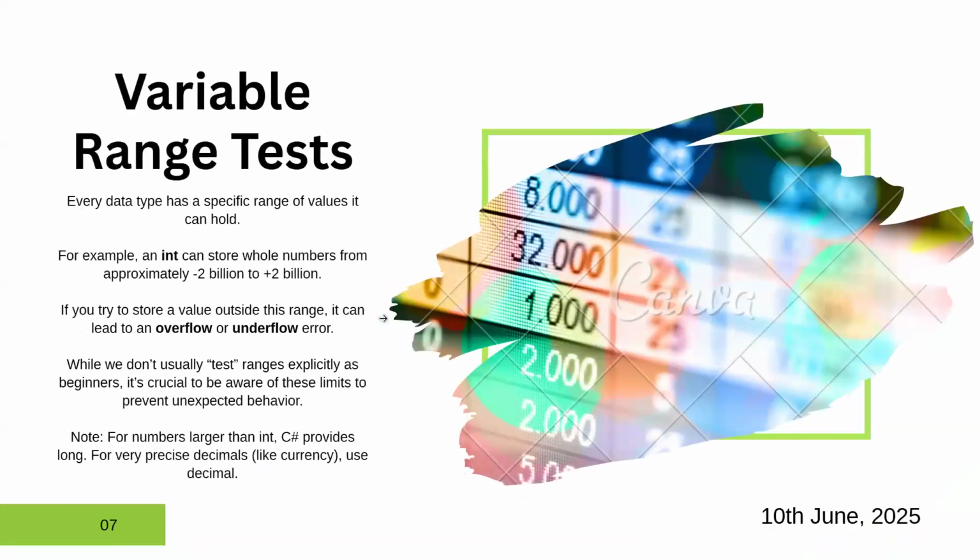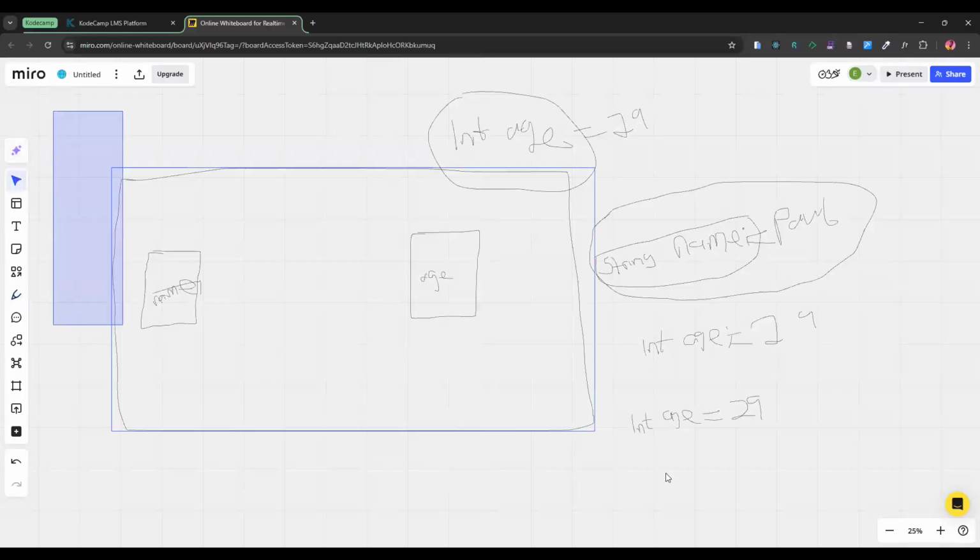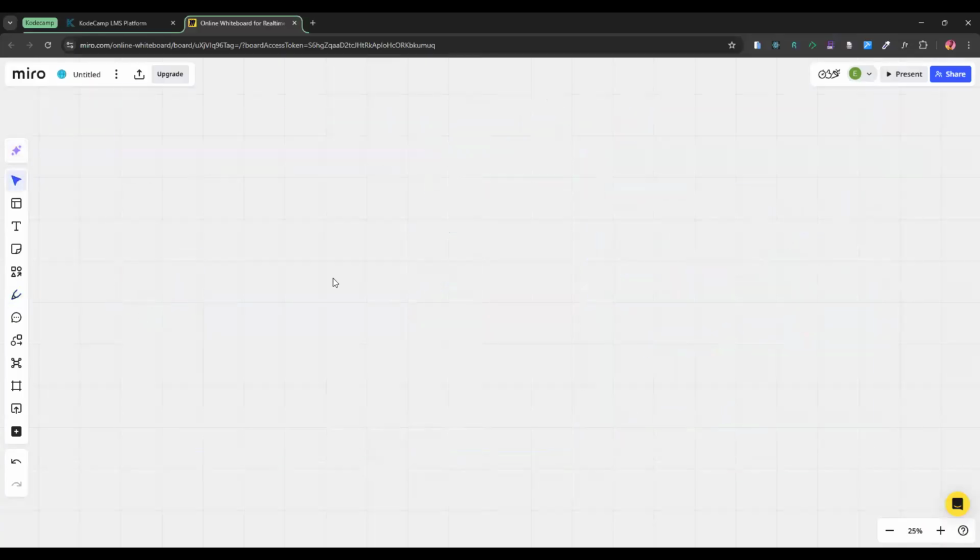Okay, variable range test. Now, let me go back to the whiteboard to explain this variable range test. So what do I mean by variable range test? See a variable as a container, right? Containers of different sizes.